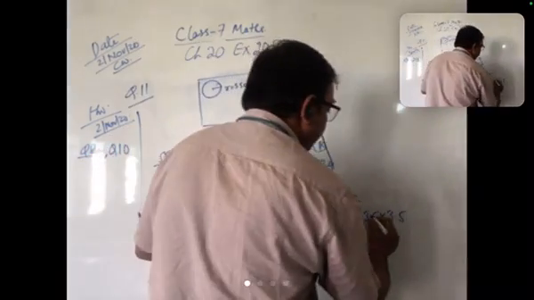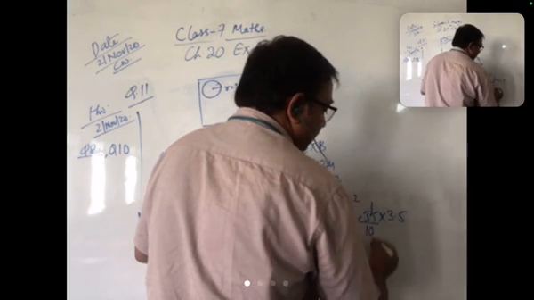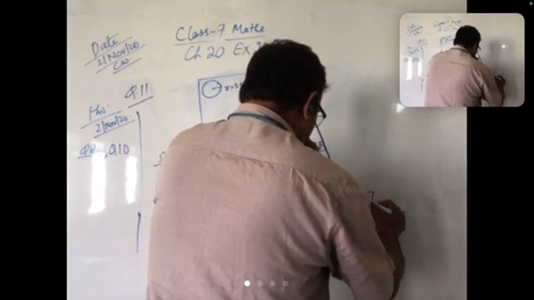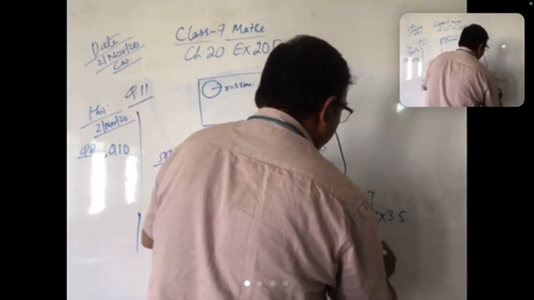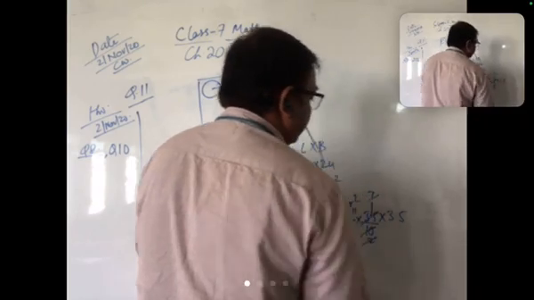Clear? So we just remove only one like this. It will be 7 and 2, 2 times 11, and 7 and 7 is cancelled.